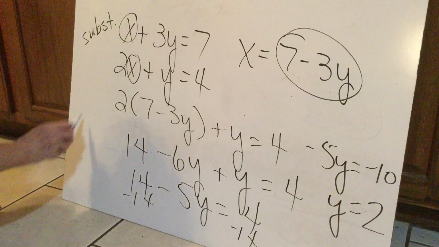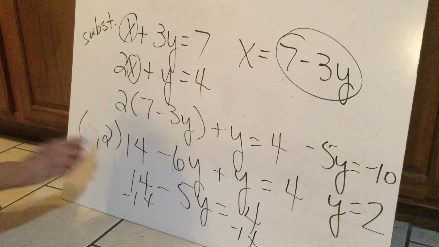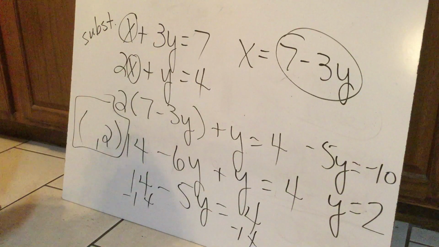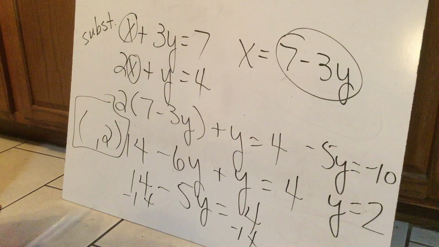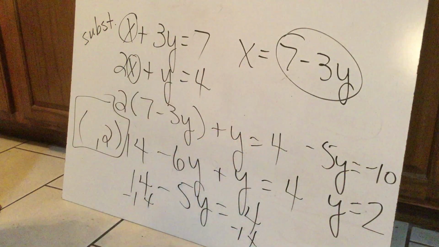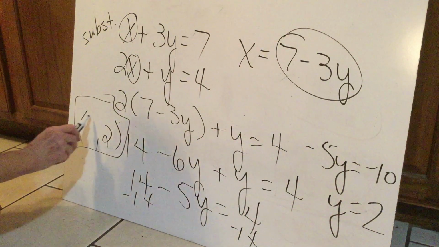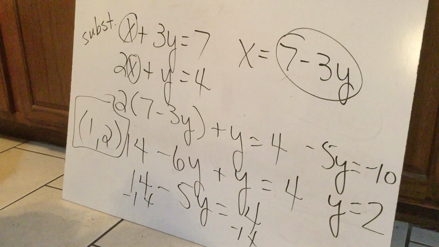If y is 2, we still need to find x. So we can come back up here, for example, and put 2 in for y. If you put 2 in for y, that's 7 minus 3 times 2. So x is 1. And the answer to the problem is 1, 2.